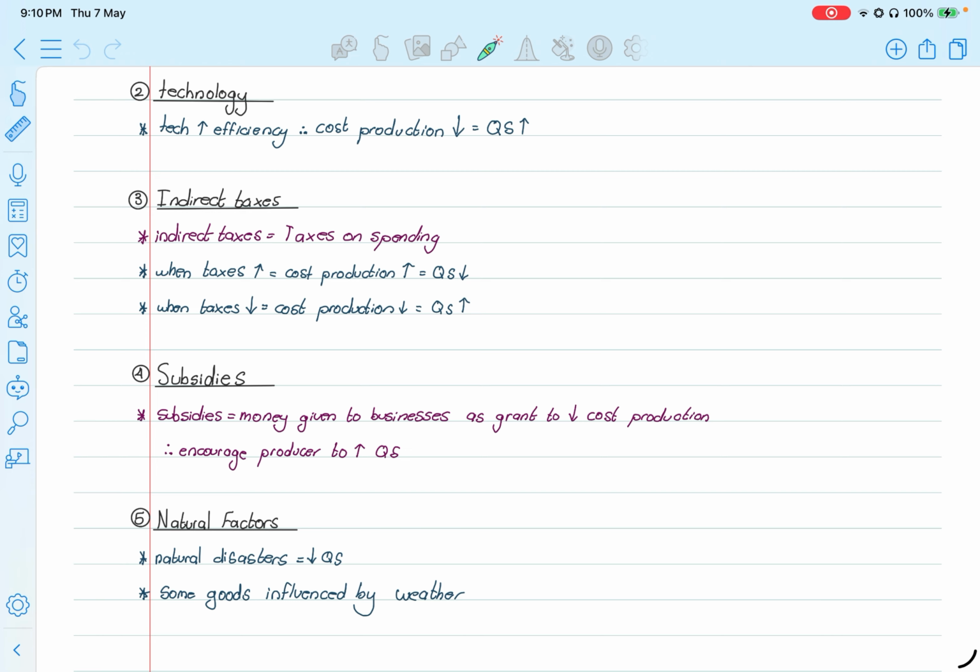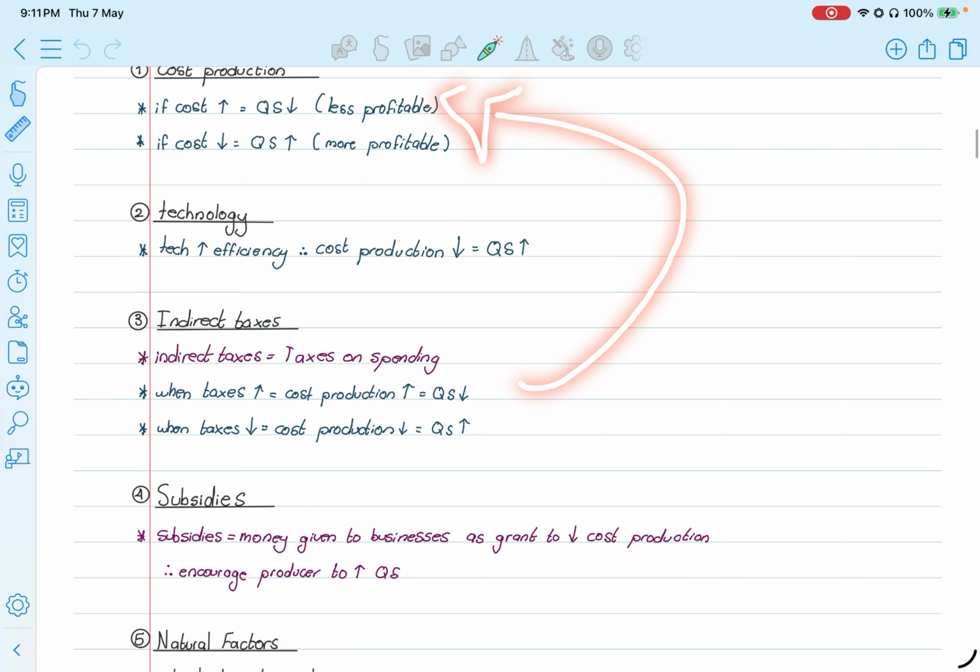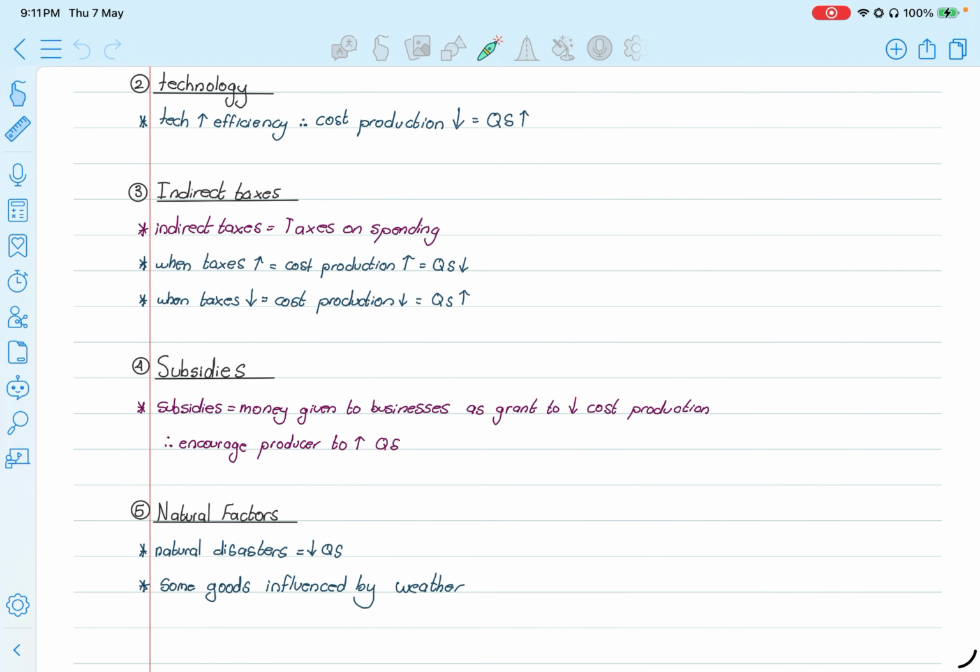Some taxes are directed towards the firms, and it's a way that the government actually uses to battle externalities, which is in chapter 13. But basically, taxes increase cost of production if they increase, right? So increased cost of production, we saw above that it's less profitable, and so because of that, quantity supplied will decrease, and vice versa.